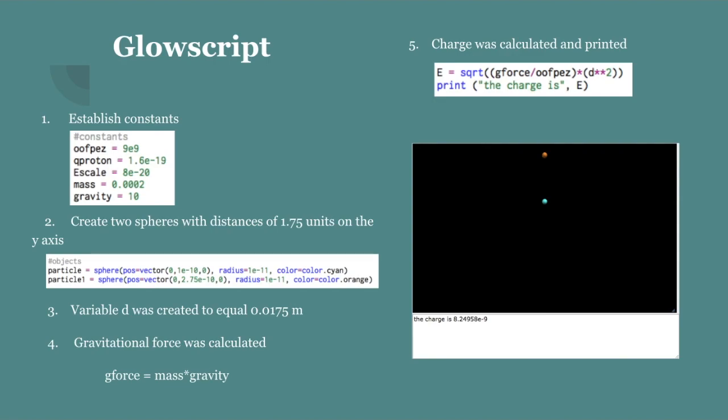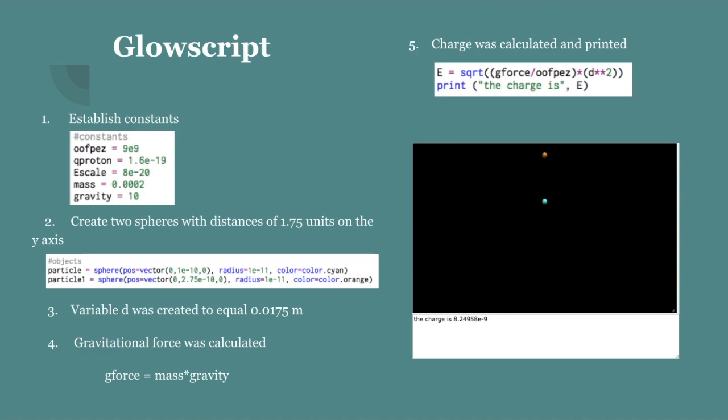In GlowScript, I was able to use the digital platform to then create the same results. I began by establishing my constants. Then I created two spheres. I established another variable of distance.